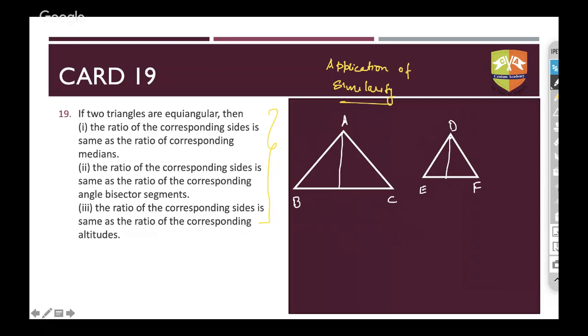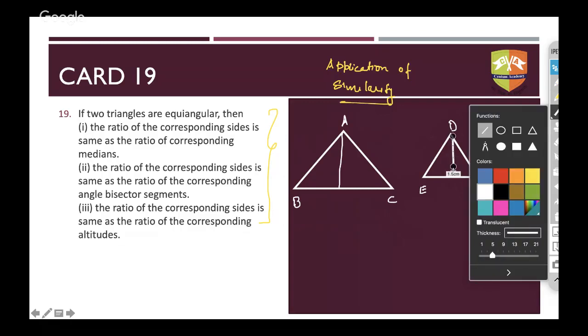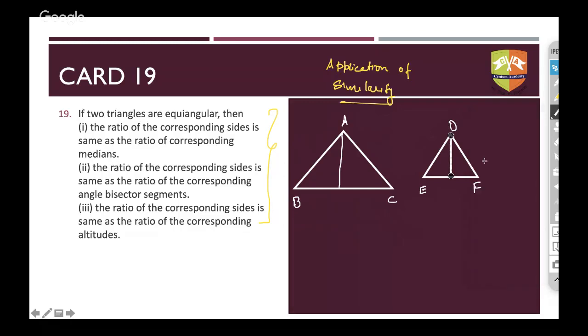Let me draw a proper median here. Median divides the opposite side into two equal parts. So let's say this is G and H.